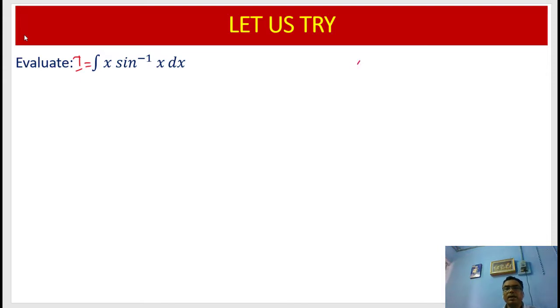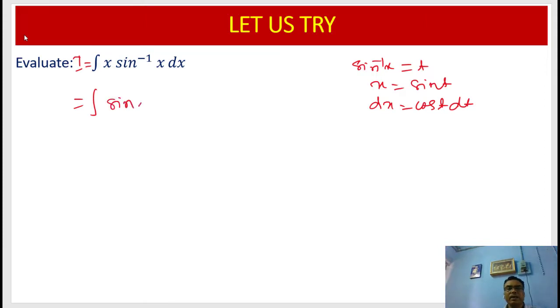Now, sin inverse x I shall take as t, x is sin t, dx is cos t dt. My integral becomes integration of x is sin t, sin inverse x is t, dx is cos t dt.